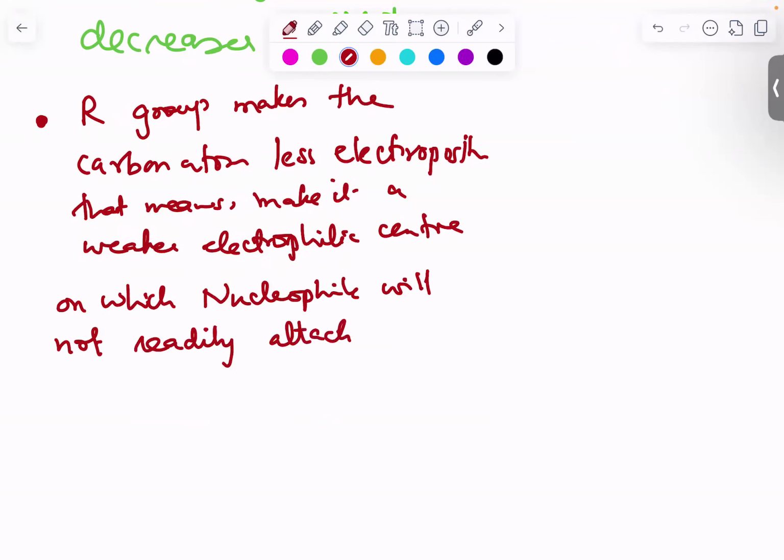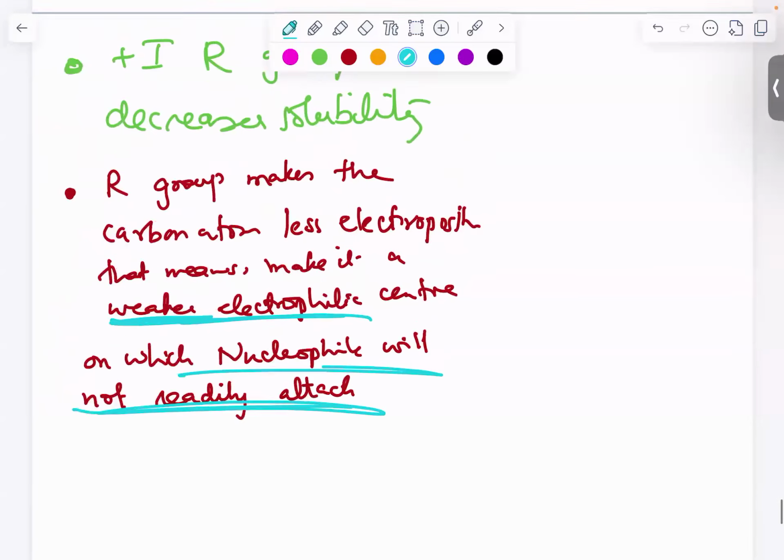Let me underline. Weaker electrophile, nucleophile will not readily attack.